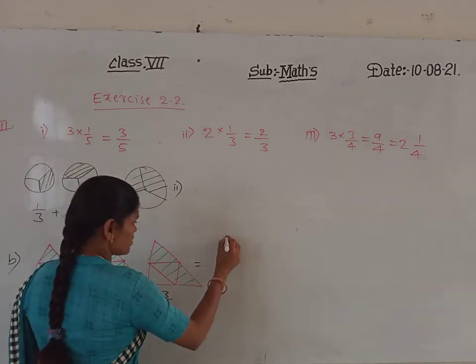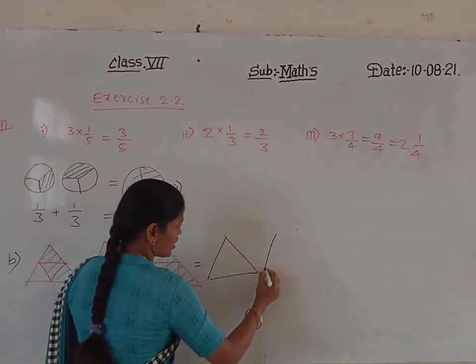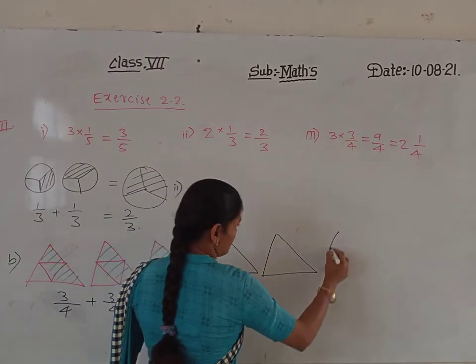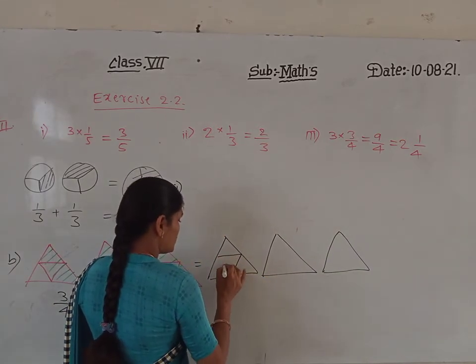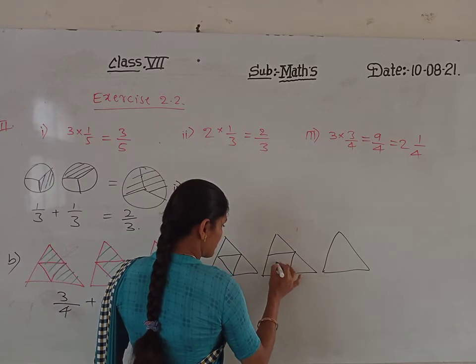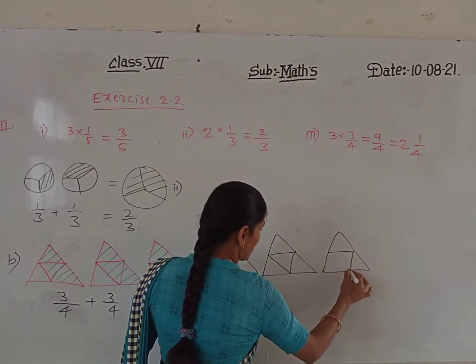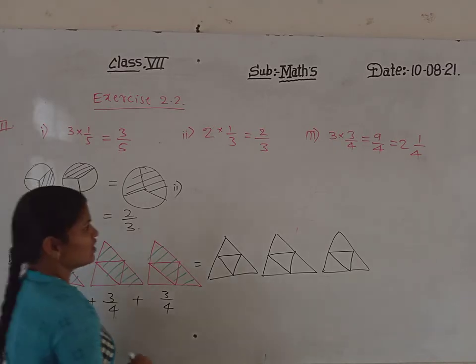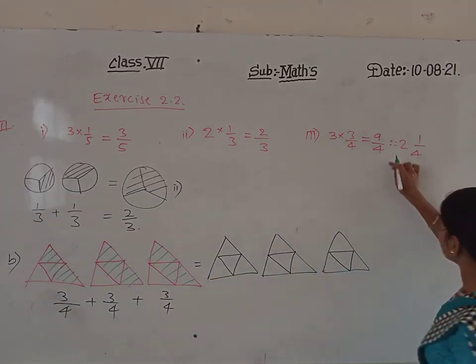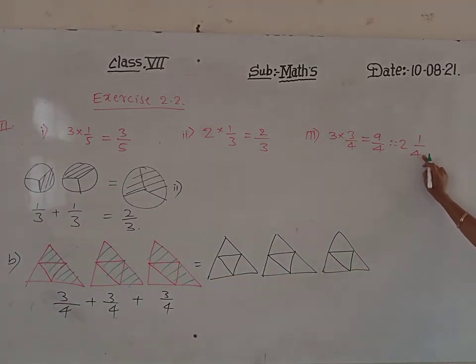Means out of these 3 triangles, 2 triangles are completely shaded. In one triangle only one part is shaded. See here, 2 complete triangles are shaded. Then in the third one only one part is shaded.